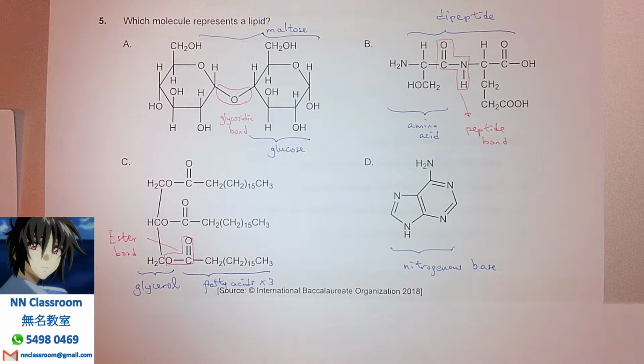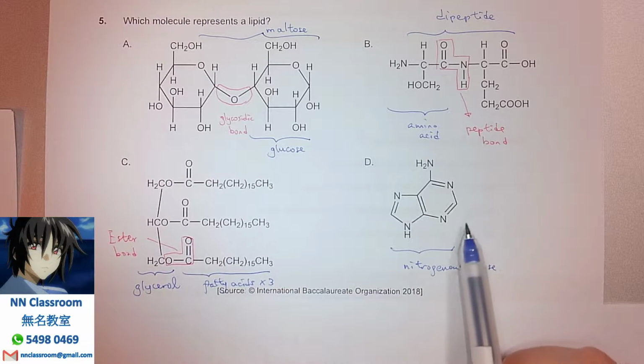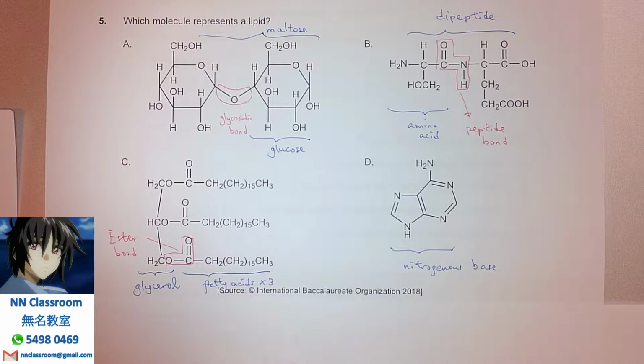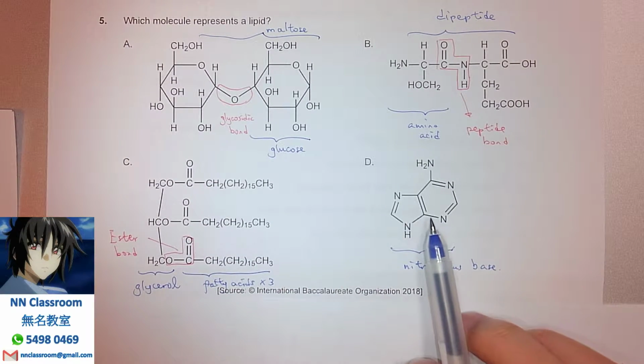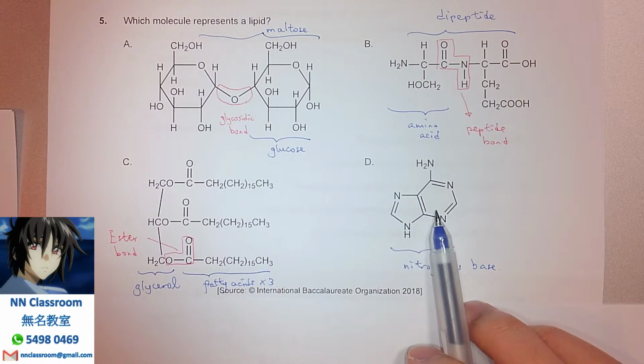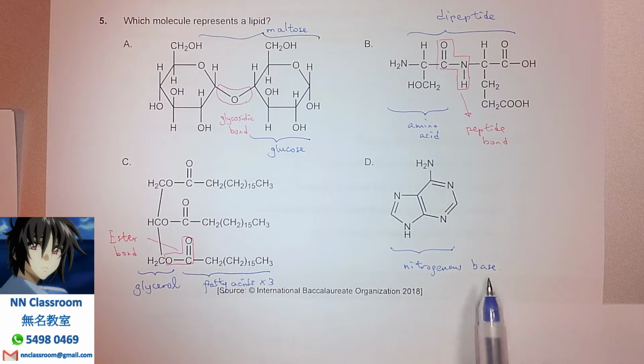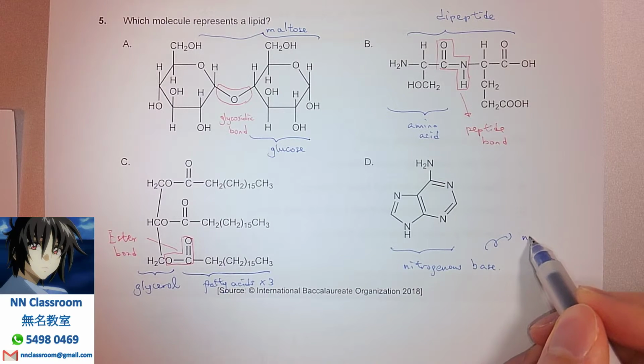When focusing on nitrogenous base, the biomolecule related is actually nucleotide. So this is only part of the nucleotide structure related to the biomolecule called DNA or RNA. So people, especially the ones doing high level, will recognize this appearance with double ring structure as a nitrogenous base related to nucleic acid.